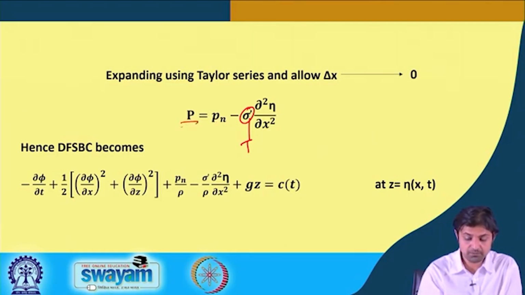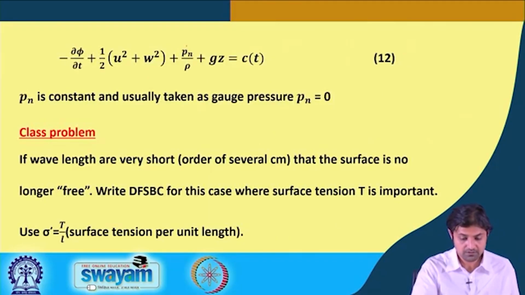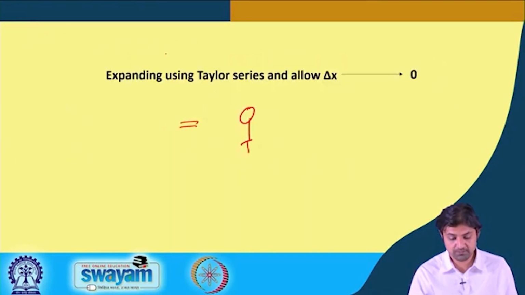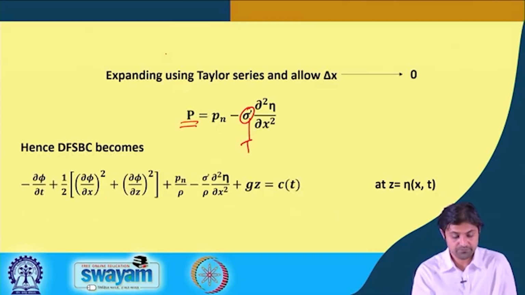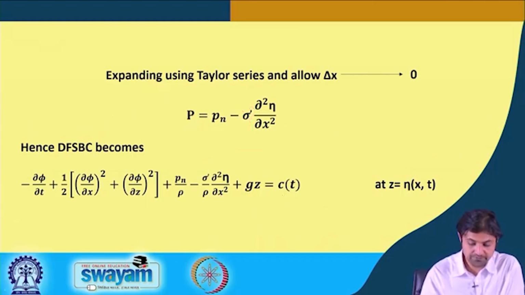Instead of P here in the dynamic free surface boundary condition, we put the pressure here and the rest of the things remain the same. So, this is u square, this is v square plus P by rho, so that becomes Pn by rho minus sigma dash or T by rho into del square eta by del x square, plus Gz is equal to C of t.